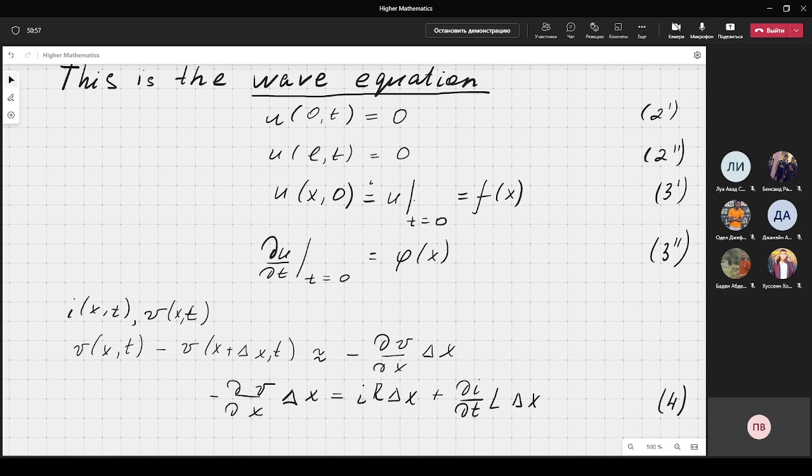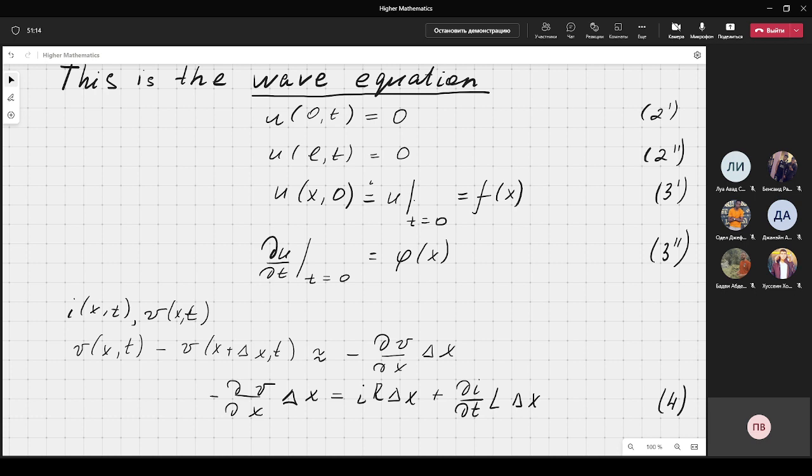Where R and L are the resistance and the coefficient of self-induction reckoned per unit length of wire.